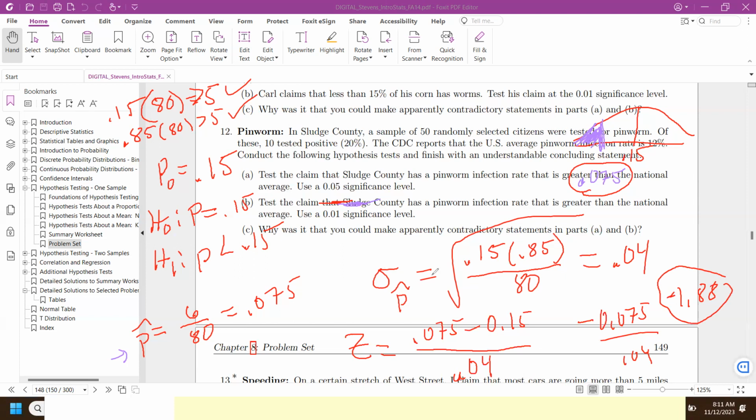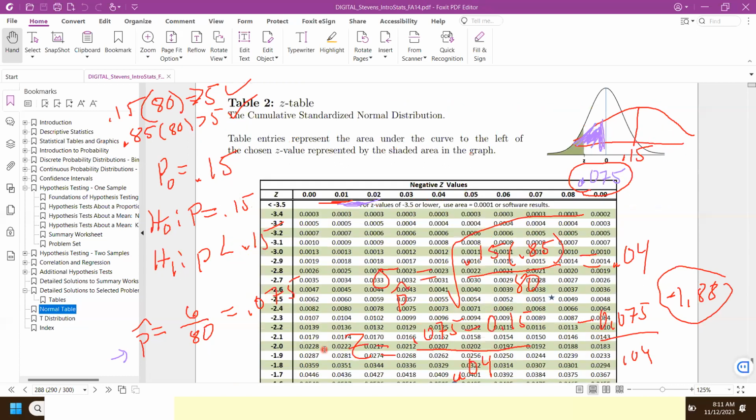And notice that the p-value, the area we want, is left-tailed, so we can just take that value right from the table. Let's go to the normal curve table. We're looking for a z-score of negative 1.88. Here's the negative 1.8 line.